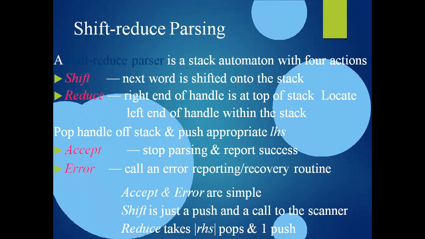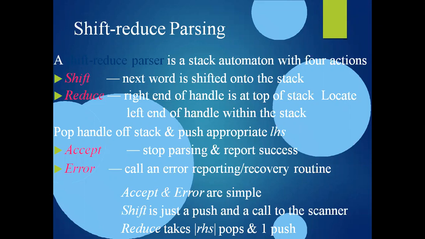By knowing the definition of the shift reduce parser, and then knowing how many basic operations shift reduce parsing consists of, only the four: what the shift is, what the reduce is, what the accept is, and what the error is. Up to now we understand the basic definition and the basic operations of shift reduce parsing.